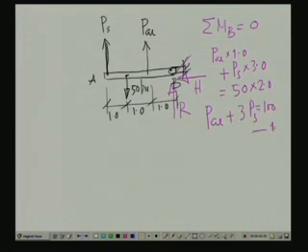So, this is equation 1, which we call the equilibrium equation.